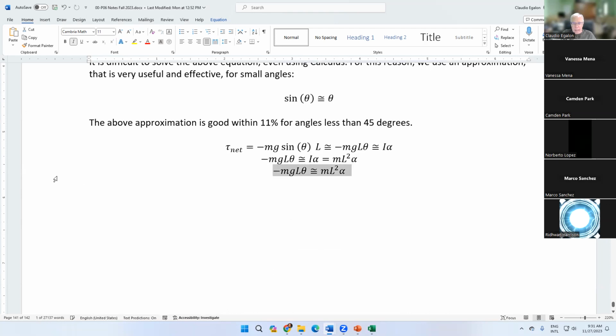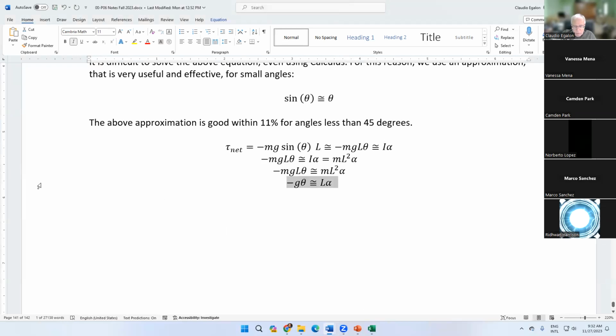And when we do that, the L cancels with the L, the mass cancels with the mass. Okay. And then, you know what? I did that too early, but that's the relationship that we get.